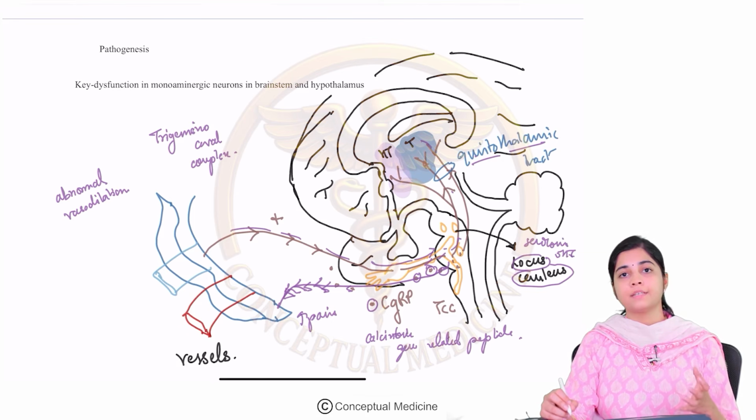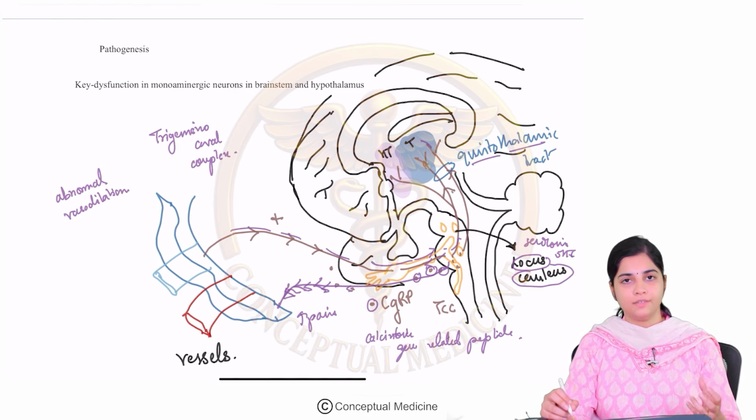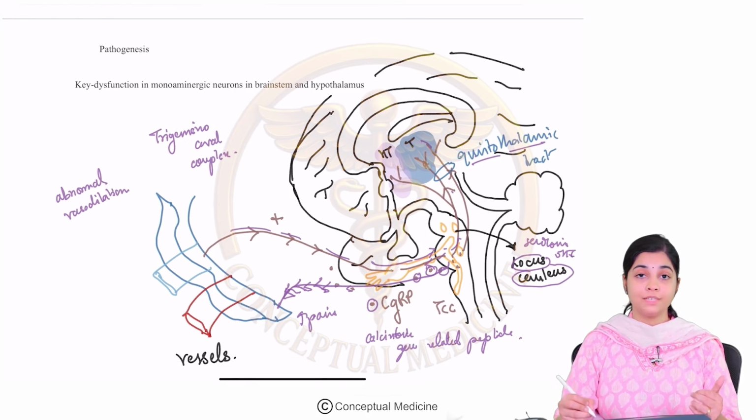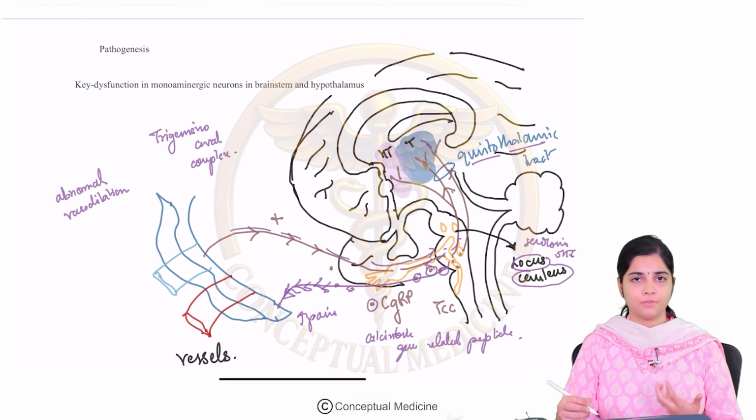So we can see that serotonin agonists are given in the management of migraine therapy because they help in pain modulation and reduce the pain. Whereas we give CGRP antagonists because CGRP stimulates the pain and increases the allodynia. Allodynia means abnormal response to normal stimuli. So there is an abnormal painful response to normal stimuli, and this is brought about by CGRP.